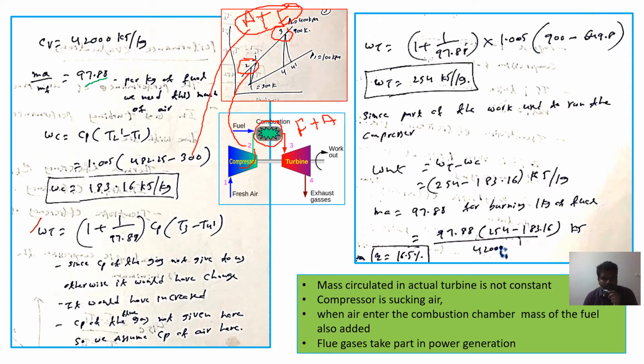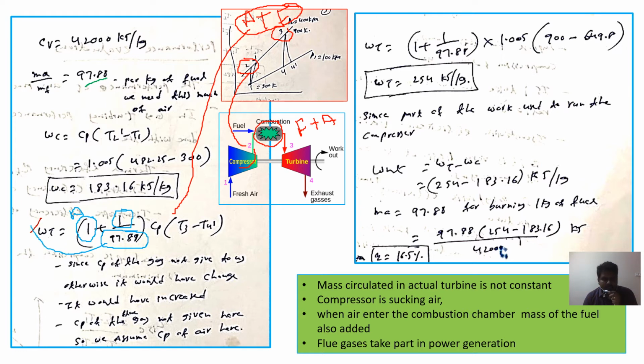So we can write work done by the turbine equals, here 1 is the mass of the air plus, here I have written 1 by 97.89, which means for 1 kg of the air we require 97.89 fuel.